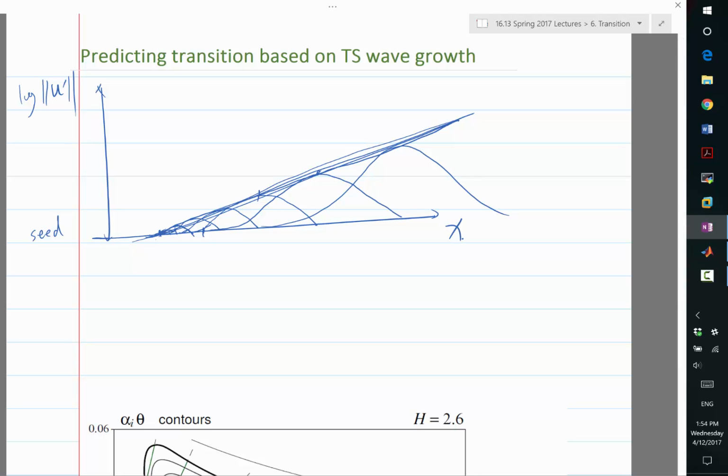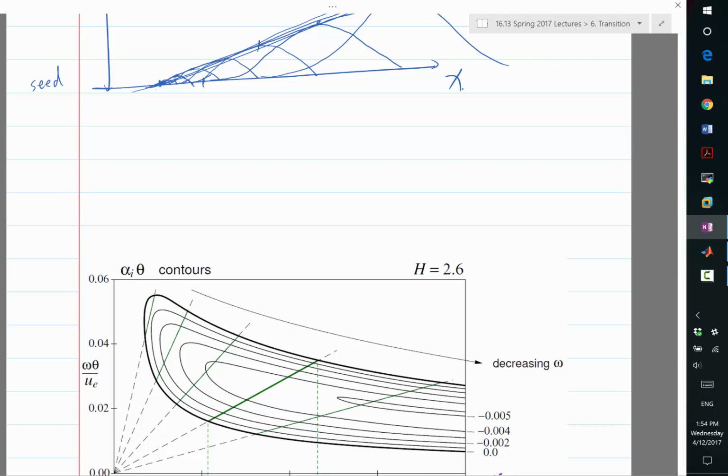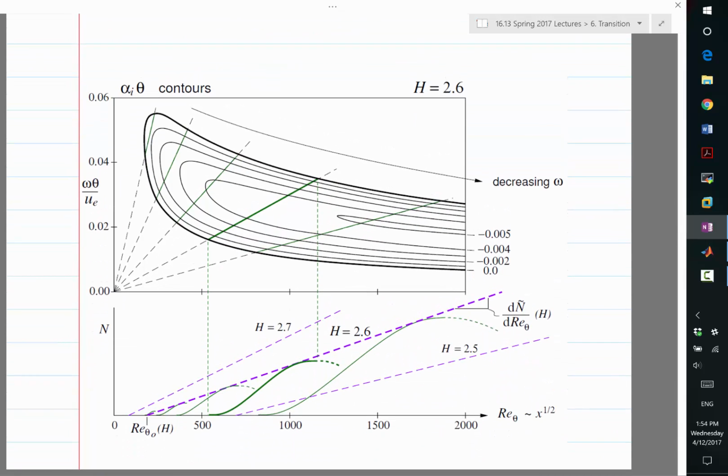It's only the maximum that is shown. Yeah, that's right. And it has been figured out that, for the Falkner-Skan family of solutions at least, the envelopes all look like straight lines.